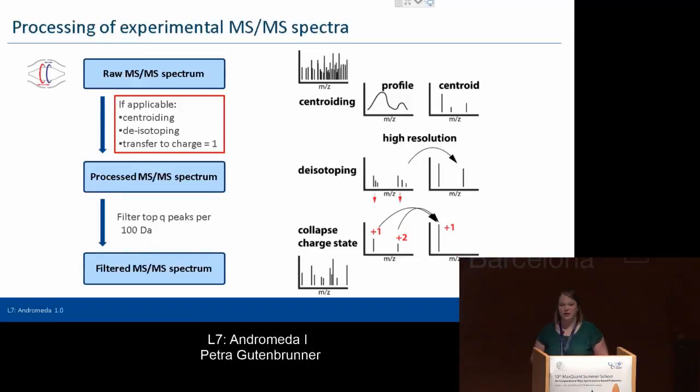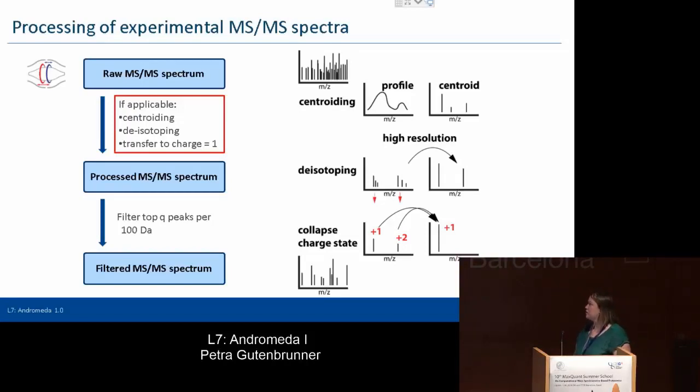Also, as already explained by Jürgen, when you know the de-isotopic pattern, since the distance between the ions is divided by the charge, you also know the charge based on the isotopic pattern, and then you are also able to transfer higher charges to charge 1. If we have two de-isotopic patterns for the same fragment and different charge states, we introduce the monoisotopic peak, transfer it to charge 1, and then sum those up.